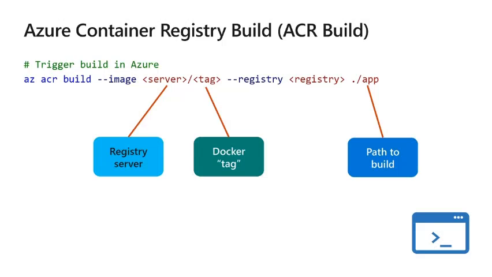You trigger a build in Azure by using az acr build image, and then you put the server, which is the registry server, the Docker tag, which is the tag you just created using docker tag, and the registry, which is the path to build. So the code from your local machine will be uploaded to the build server, and then the Dockerfile will be used in the build process. So it looks like simple and small code, but this does a lot.